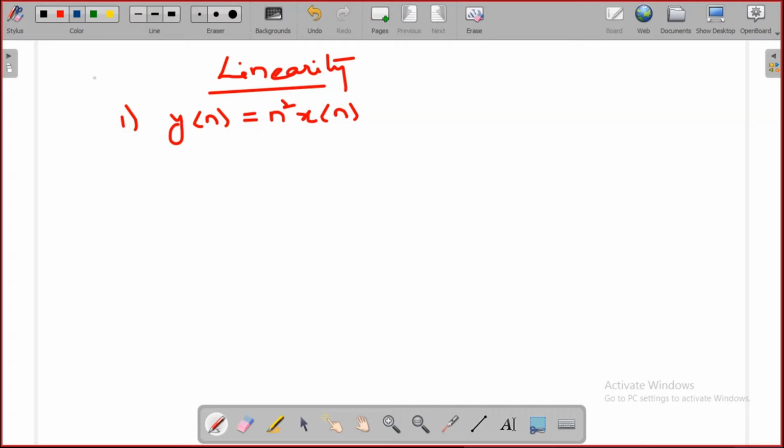The condition for linearity is: the response of a system to a sum of weighted inputs, a1 x1 of n plus a2 x2 of n, must be equal to the sum of weighted responses.